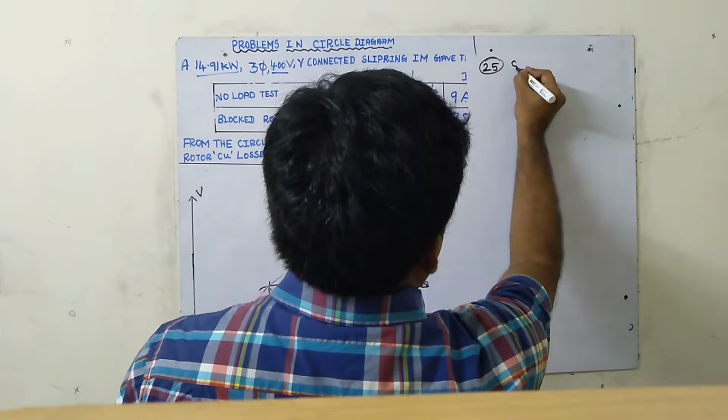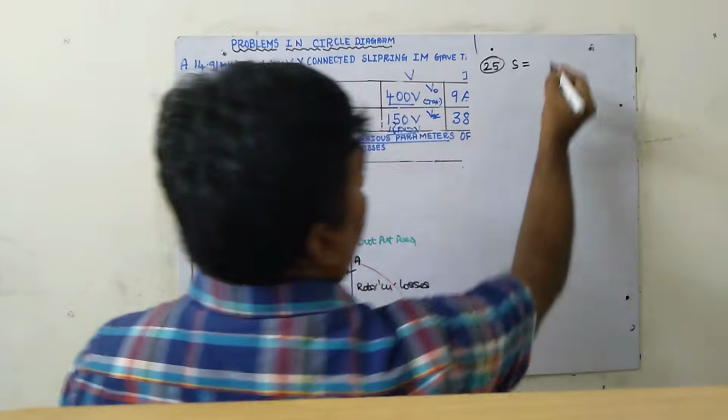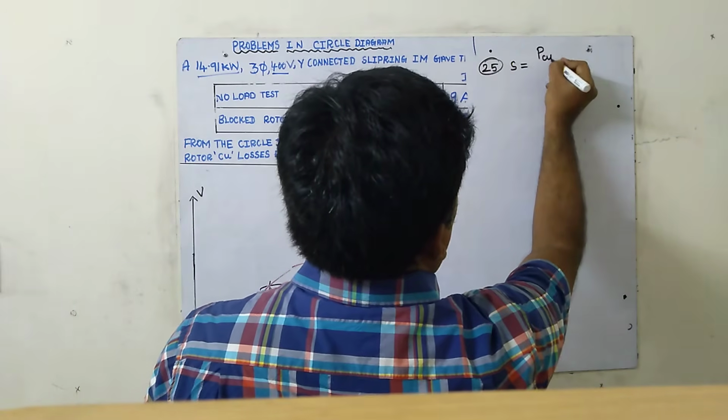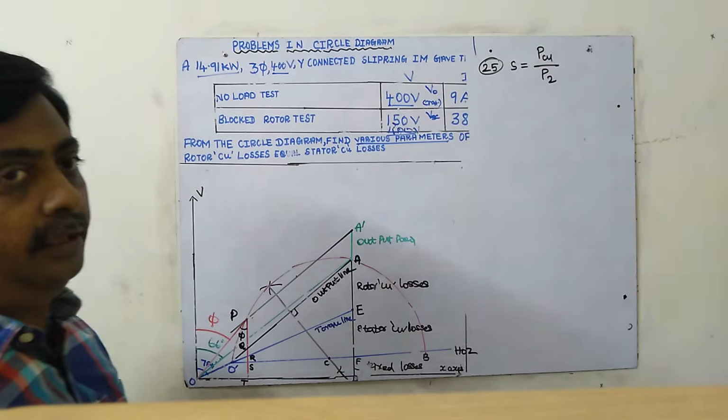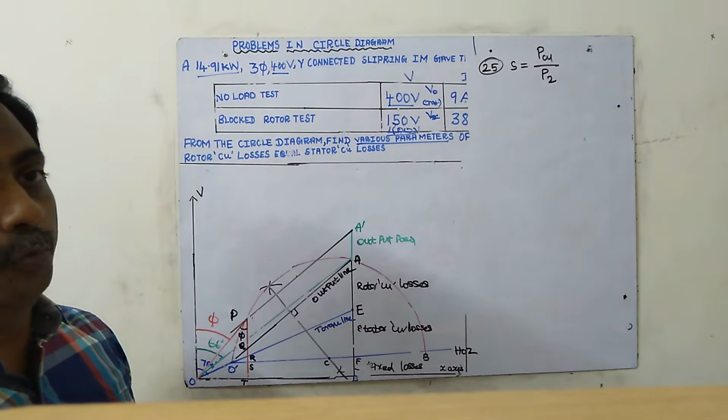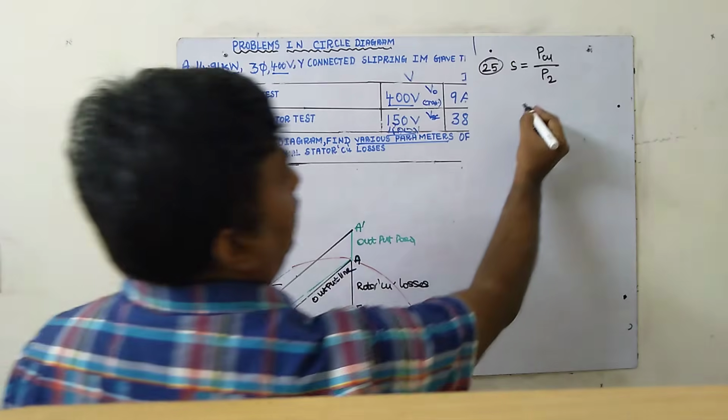Okay, what is slip? Slip we know is rotor copper losses divided by rotor input. What is rotor input? Stator output, already we have seen in the procedure.